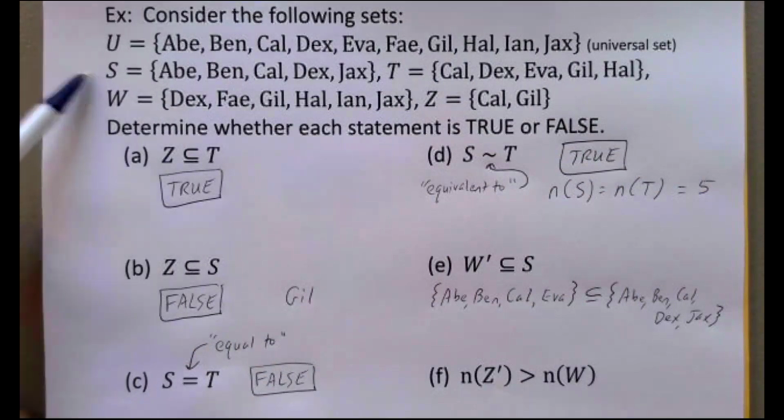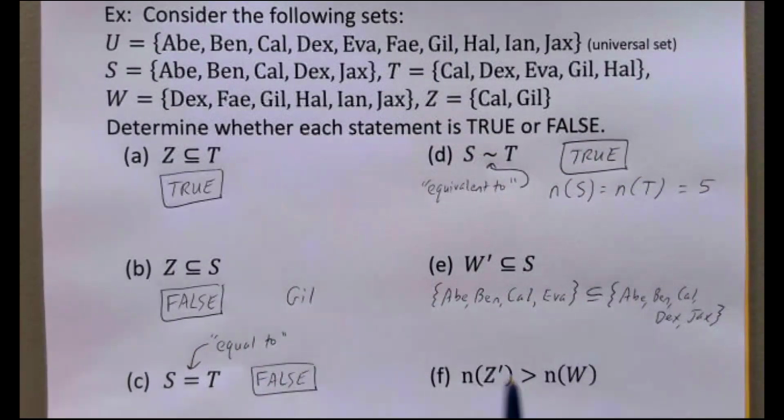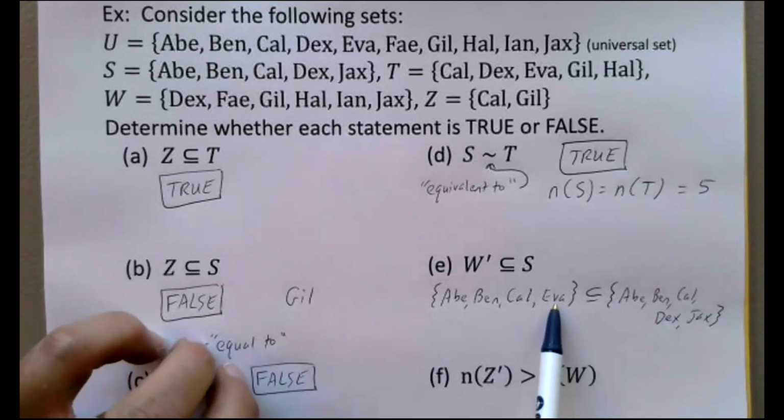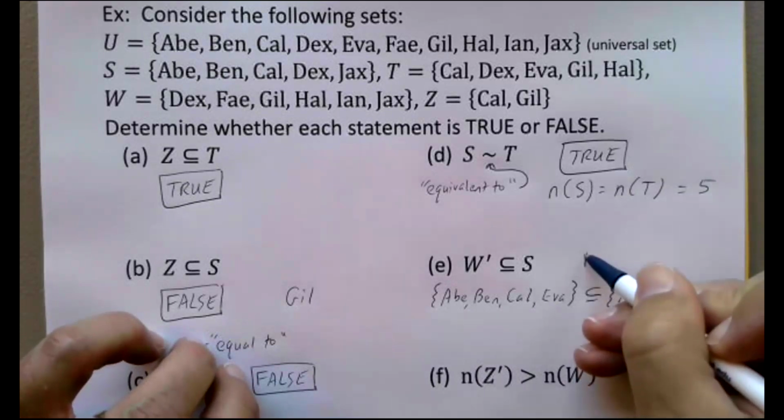I just copied set S. So everything in the left-hand set also showing up over here. Almost, but no. This is false because Eva shows up in W complement, but Eva does not show up in set S. This is a false statement.